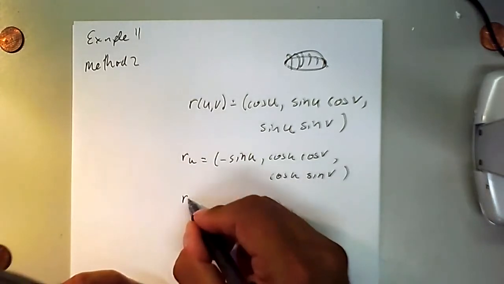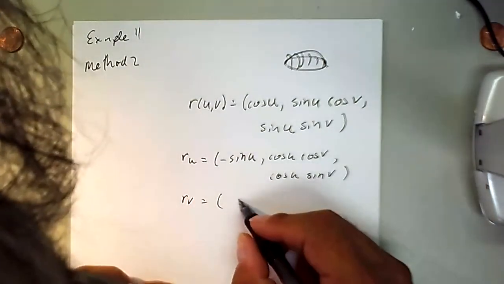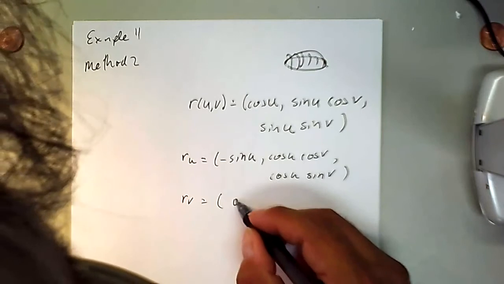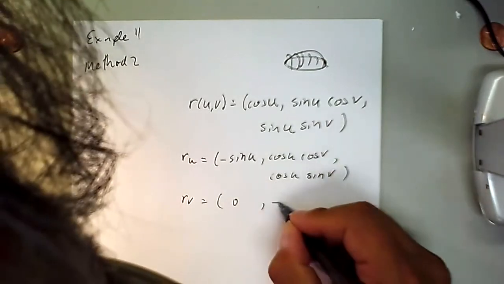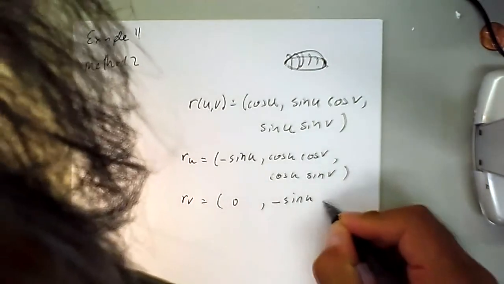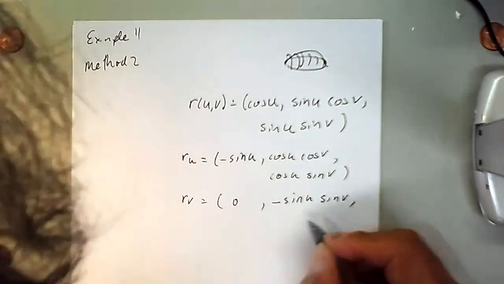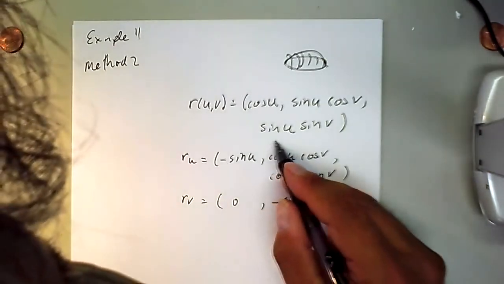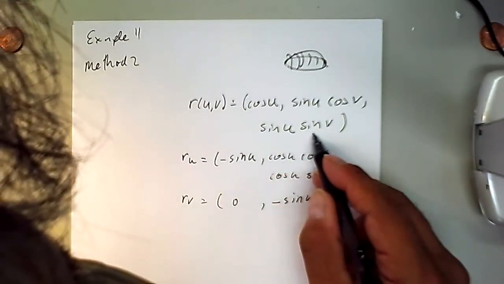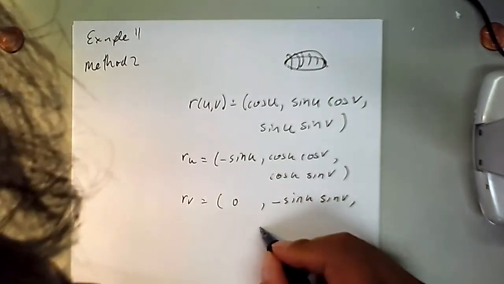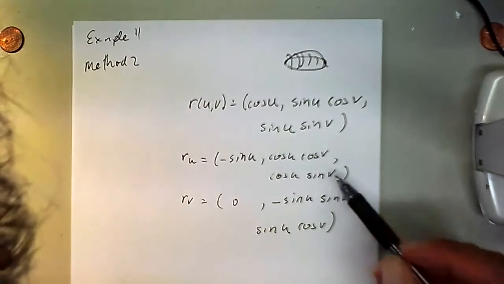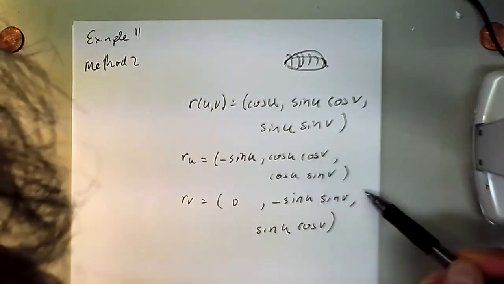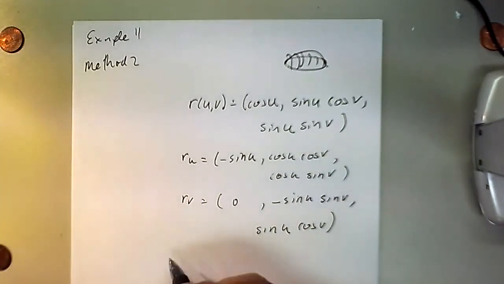My cross product is going to be awkward. 0, negative sine u sine v, and then sine u cosine v. So the cross product is going to be those two, r sub u cross r sub v.